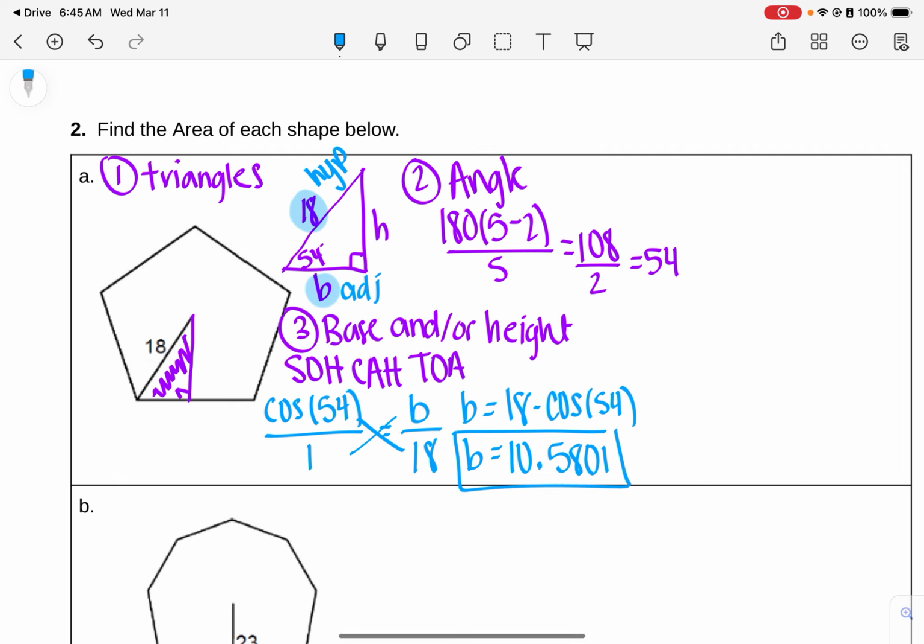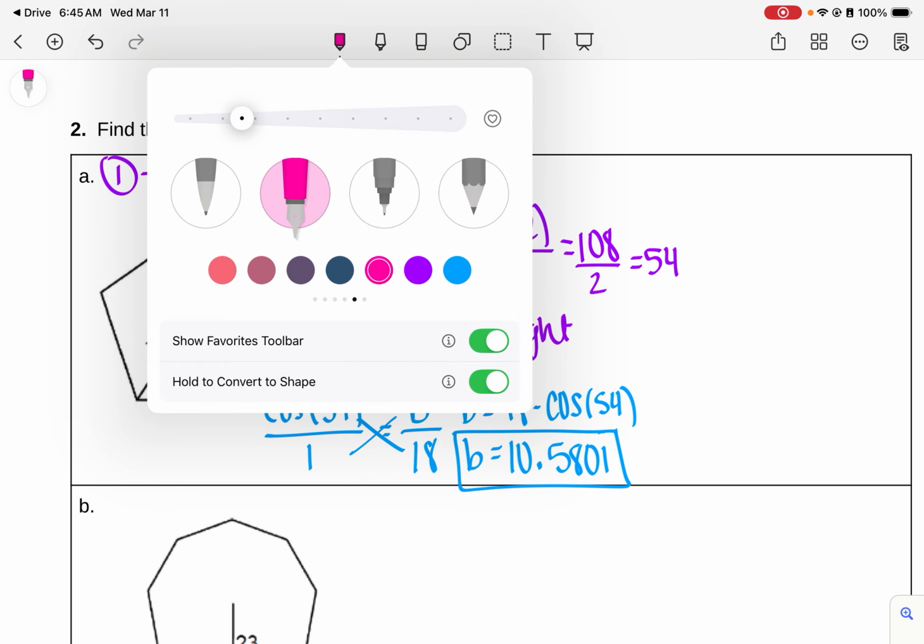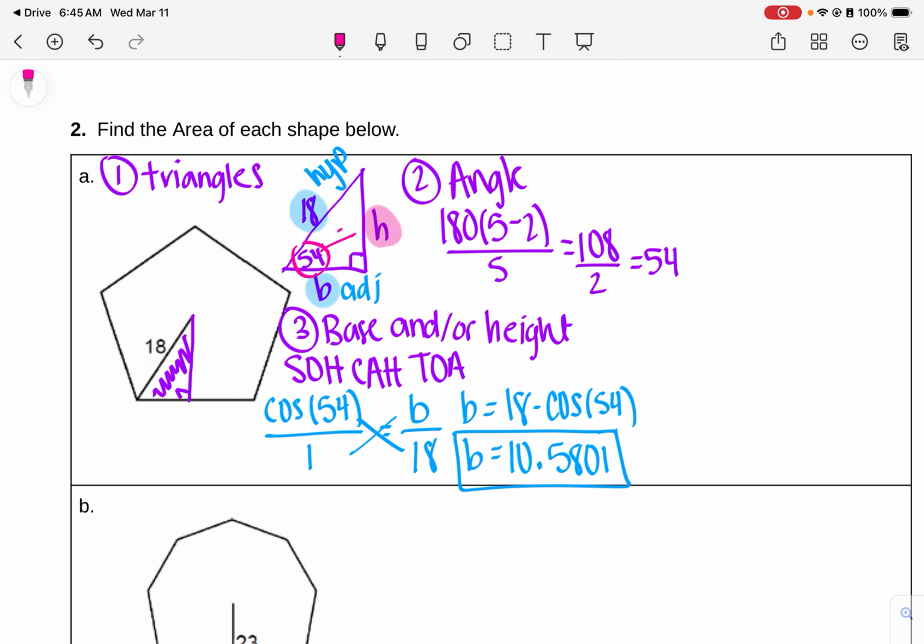And then to find the height, there's a couple different ways, but I'm just going to do trig again. So to find height, that is going to be considered opposite from 54. And then I'm going to use the 18 again just because that's easy, but you can use other things too from the triangle. So this is opposite, and this is hypotenuse again. So that's going to use sine.